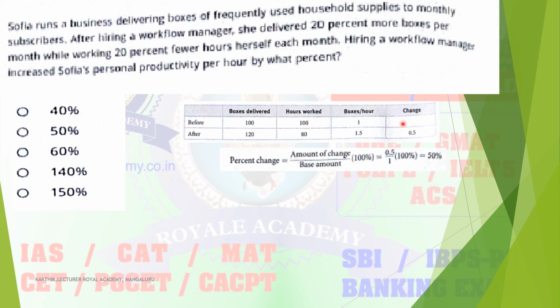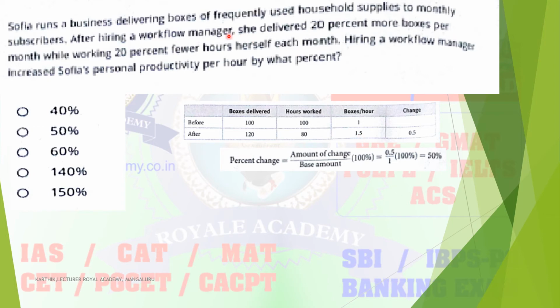So boxes per hour is 100 divided by 100, that is nothing but 1. After hiring a workflow manager, she delivered 20% more boxes, that is 120, and the required hours are 20 fewer, which is less, so 80 hours. 100 minus 20 is nothing but 80. So boxes per hour is 120 divided by 80, that is nothing but 1.5.